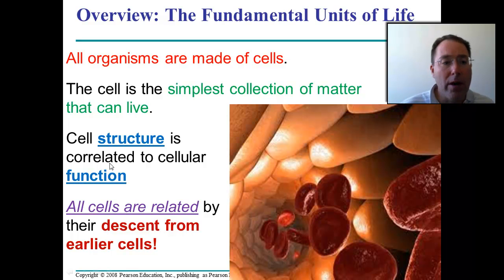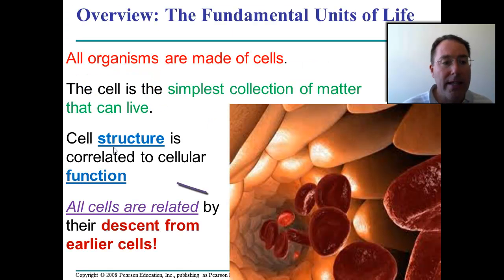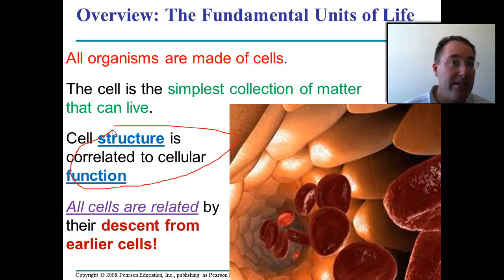Another big theme I want you to pay attention to in this chapter is that structure is related to function. There's nothing in biology which has not been selected by evolution.